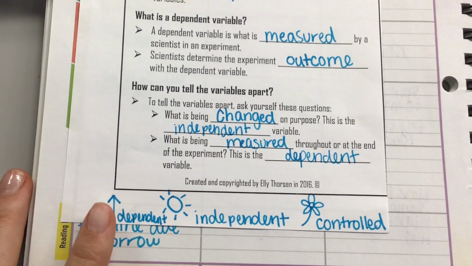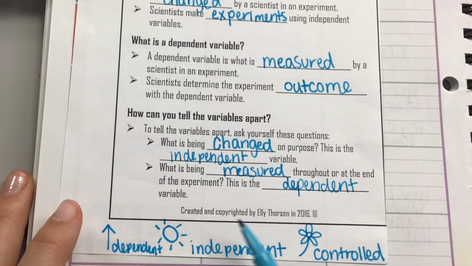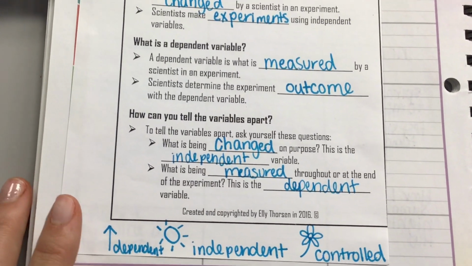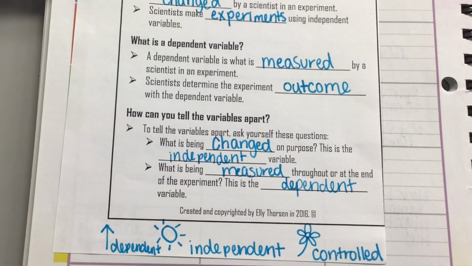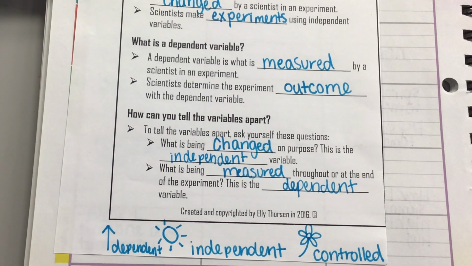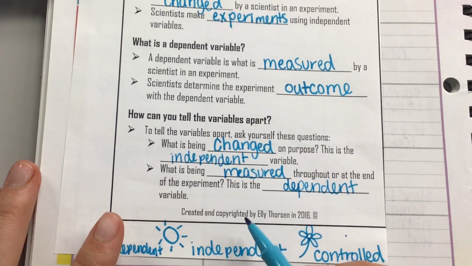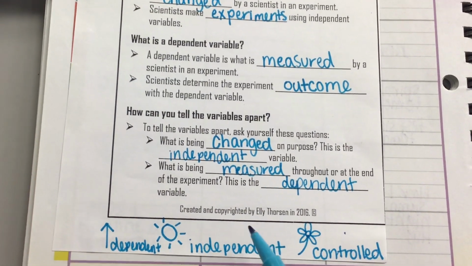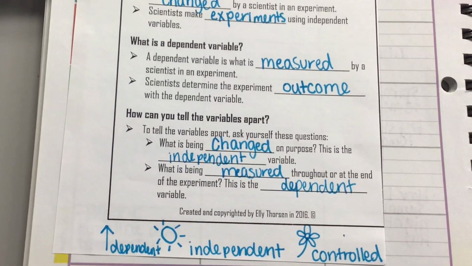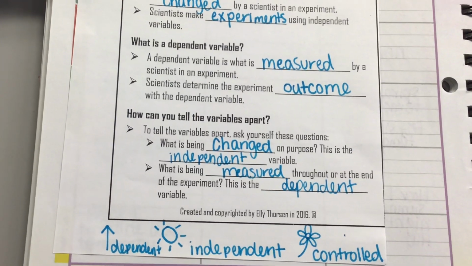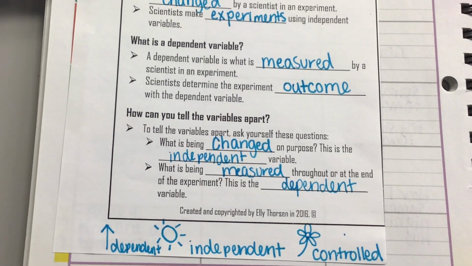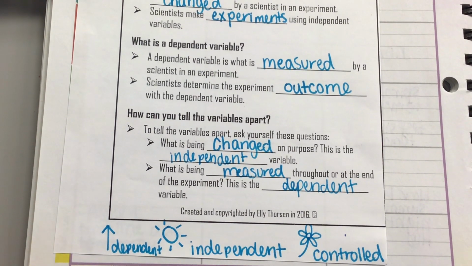So if I were to conduct this experiment, I would have different flowers that were all the same type of flower because remember, different flowers grow at different paces. So I'd have all of the same flower, and then for each flower, I'd give them a different amount of sunlight, such as 2 hours, 4 hours, and some may have 6 hours, and some may have shorter or more than that.